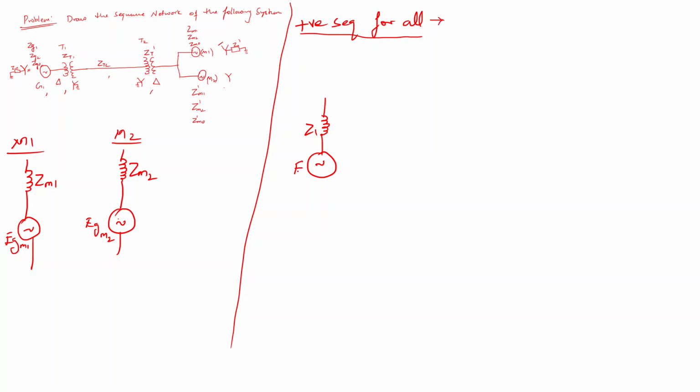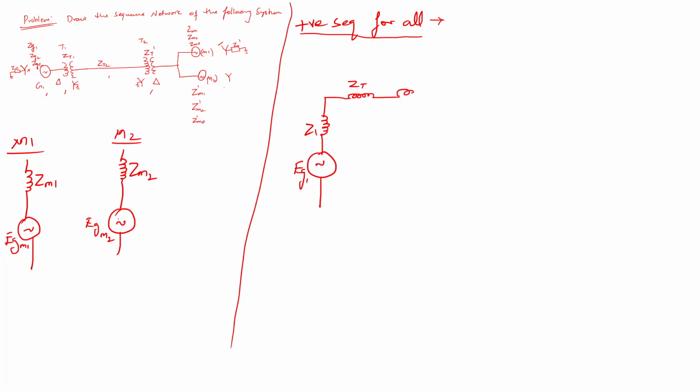So again it is EG1, and this generator is connected to a transformer, and this transformer having only ZT for positive sequence, no other element, nothing I want to do, because this is not zero sequence. I don't want to follow the switching concept, so I draw directly.